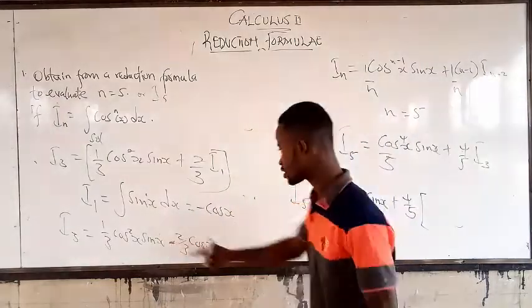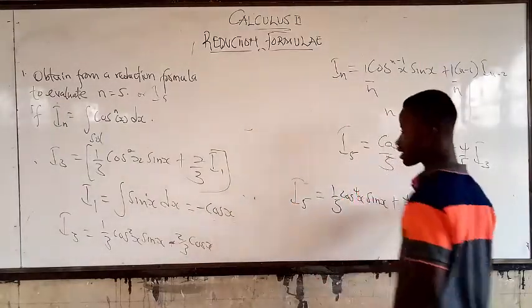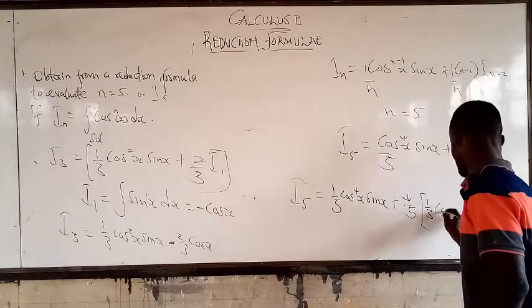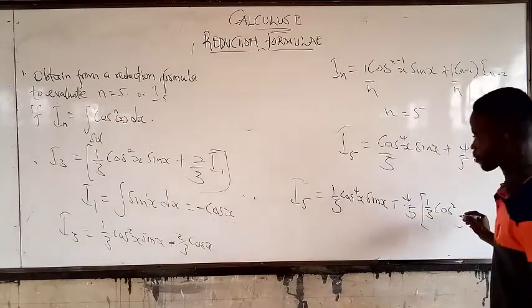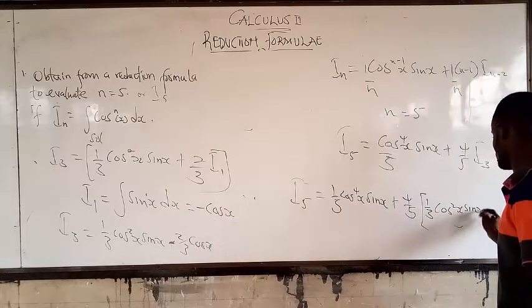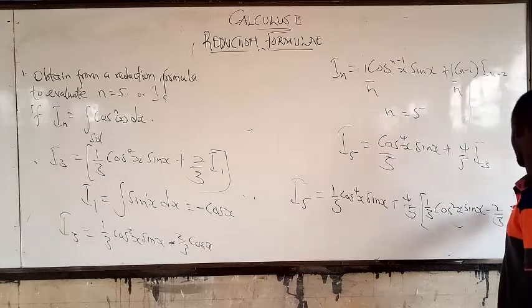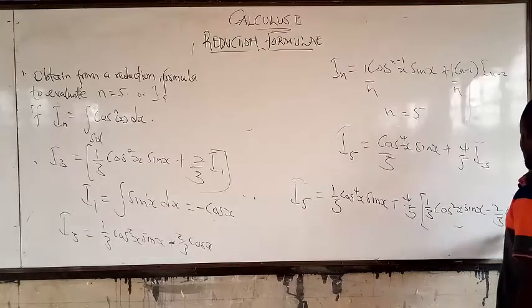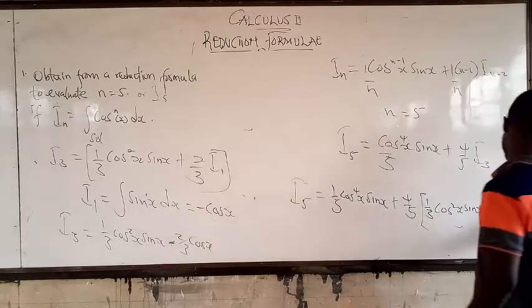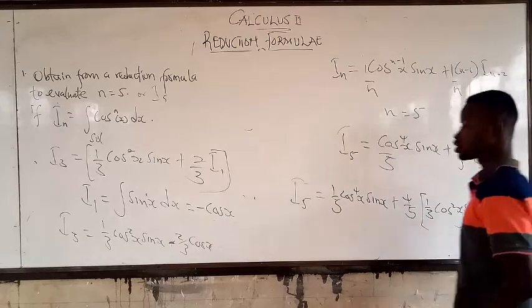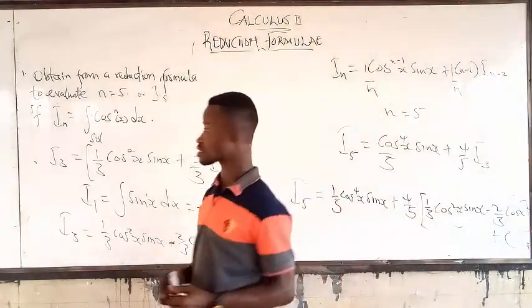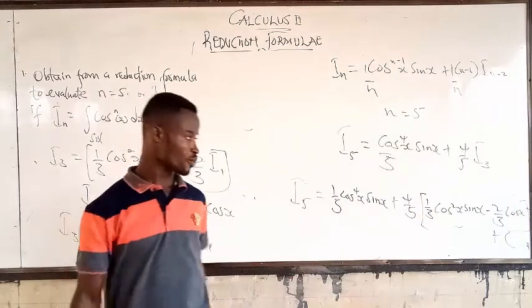So you start writing from here: 1 over 3 cos squared x sin x minus 2 over 3 cos x. So add plus c to it after integration. So that's the end of solving such a question.